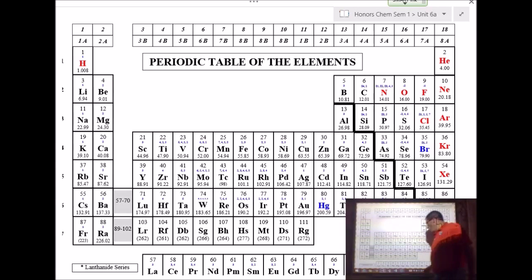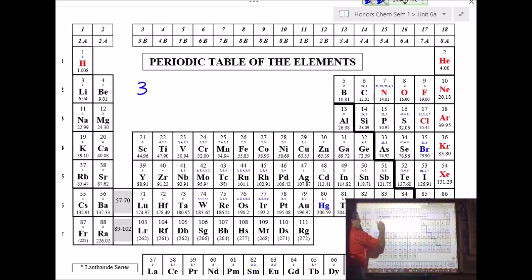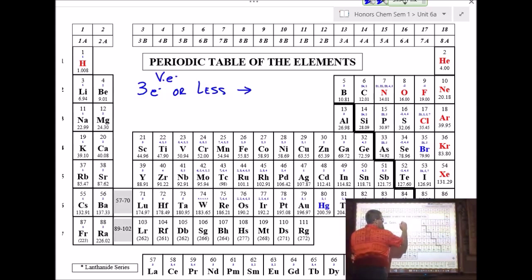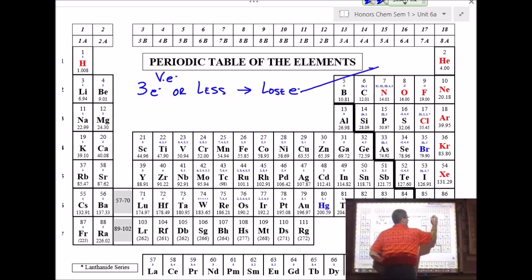When we talk about ions, if I have 3 or less valence electrons, then it will lose those electrons so that it has no valence electrons.